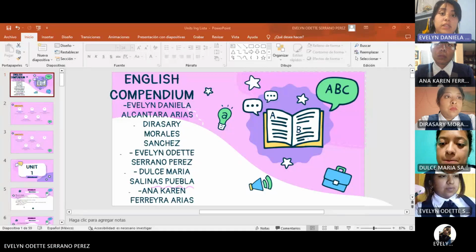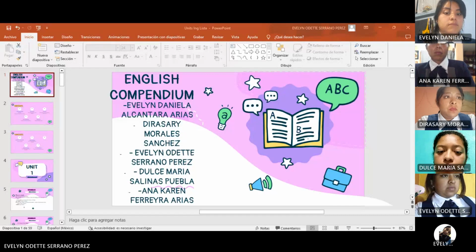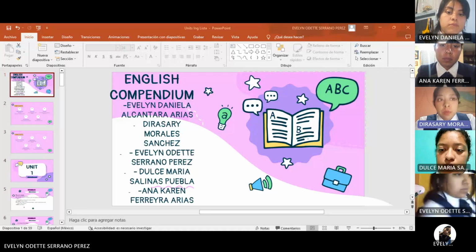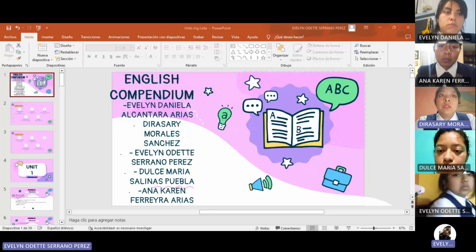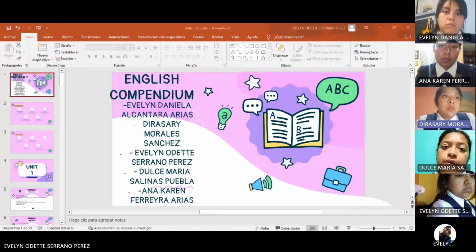The next unit is Unit 5, Change. The Unit 5 grammar is future probability. When you ask for opinions or talk about future probability, you usually use will plus the base form or be going to plus the base form.